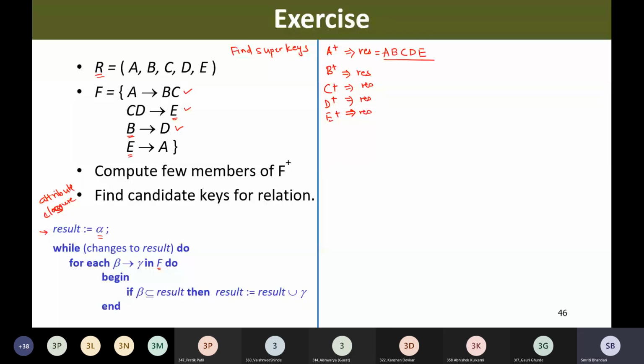What is B plus? BD, yes. What is C plus?